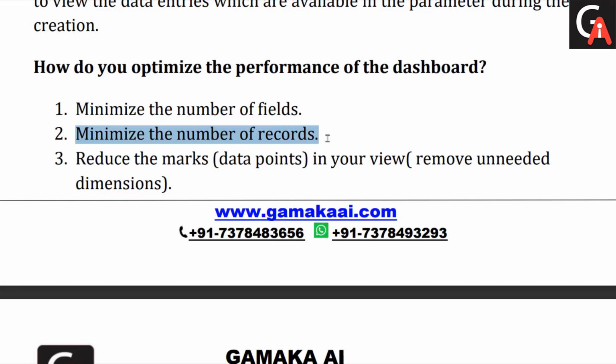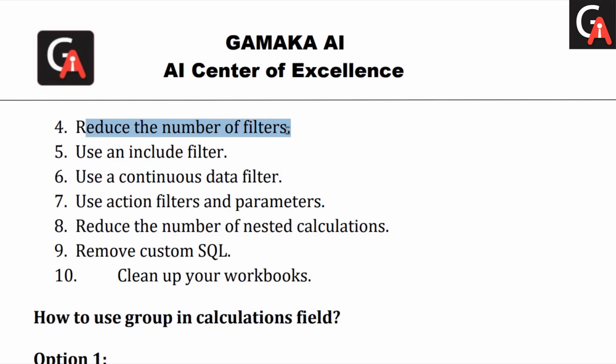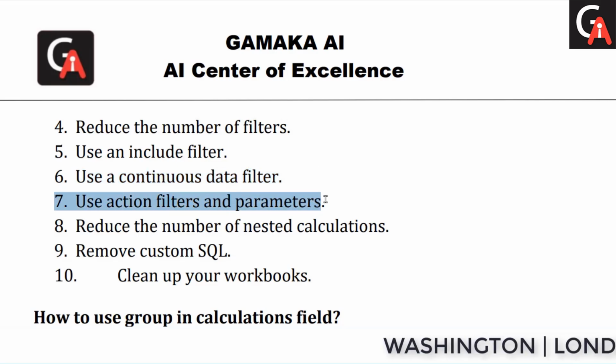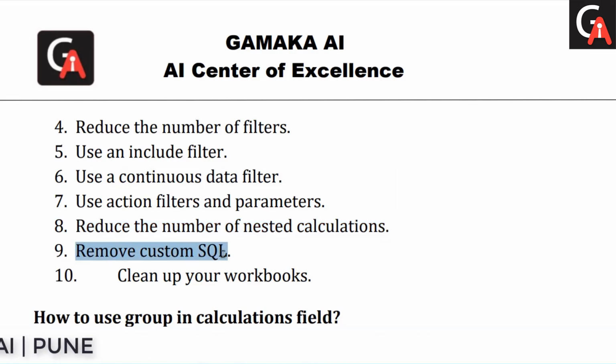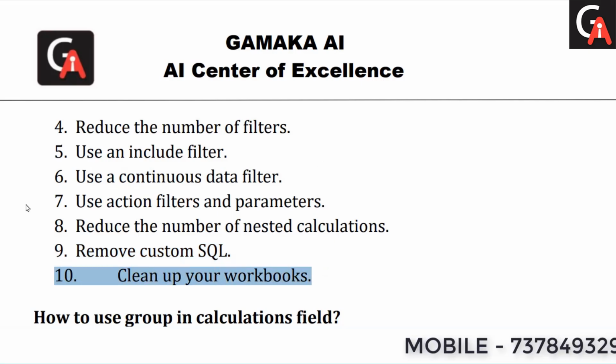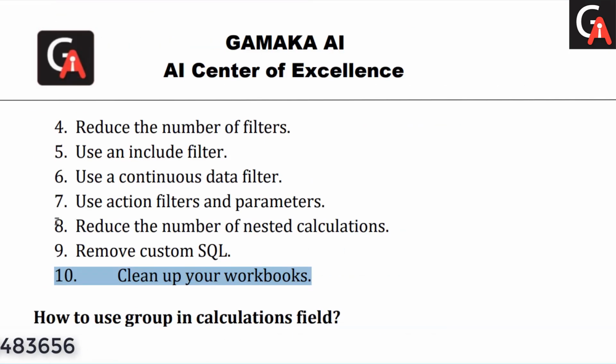Minimize the number of records, then reduce marks and data points in your view, remove unneeded dimensions, then reduce the number of filters, use include filters, use continuous date filters, use action filters and parameters, reduce the number of nested calculations, remove custom SQL fields, and the last one is clean up your workbooks. So these are some of the ways you can optimize the dashboard in Tableau, right?